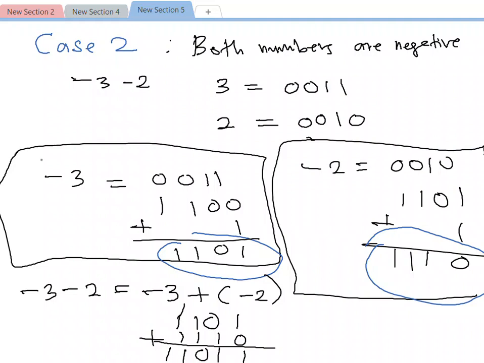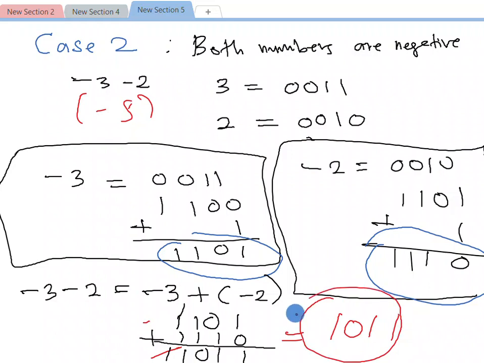Discard this one. So what is left? Only 1011. If you calculate manually, negative 3 minus 2 is supposed to be negative 5. Now we are going to check whether 1011 here is negative 5.